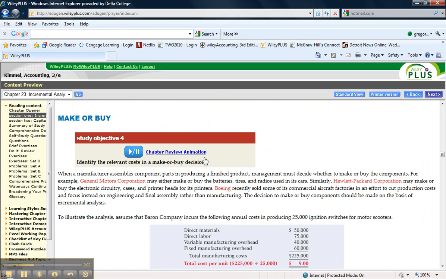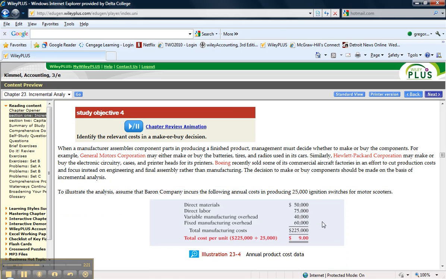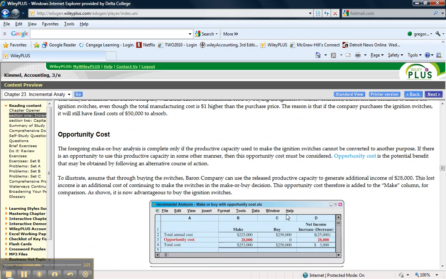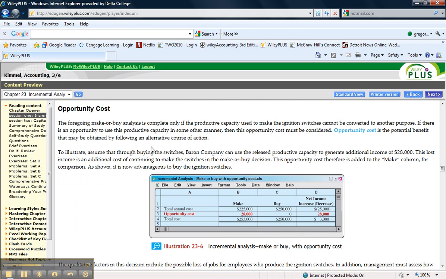Make or buy decisions are decisions where maybe you're a manufacturer of cars and you buy parts from some other supplier, or should you make the parts yourself? Which way is more economically feasible? So there's make or buy decisions here. Opportunity cost is something you're going to have to understand for make or buy decisions.